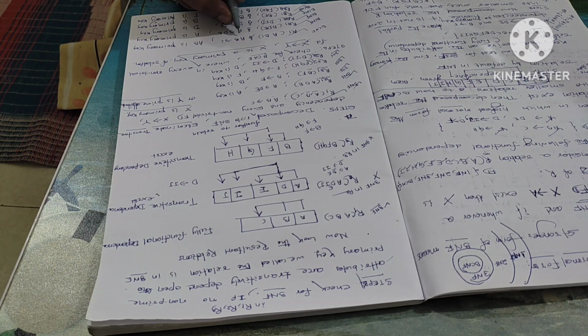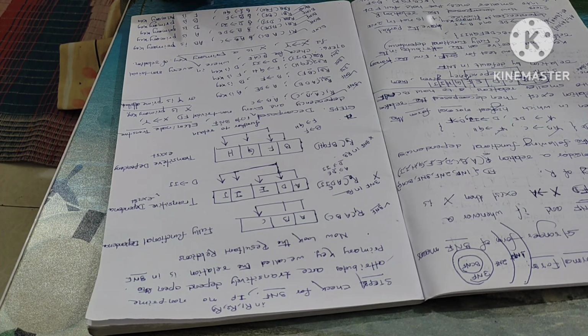Now you can see there exists an FD in R1, AB is the primary key. Similarly in R21, there exists one FD and A is the primary key. Similarly in R22, there exists one FD and D is the primary key. In R31, there is the FD B determines F and B is the primary key. And in R32, F determines GH and F is the primary key.